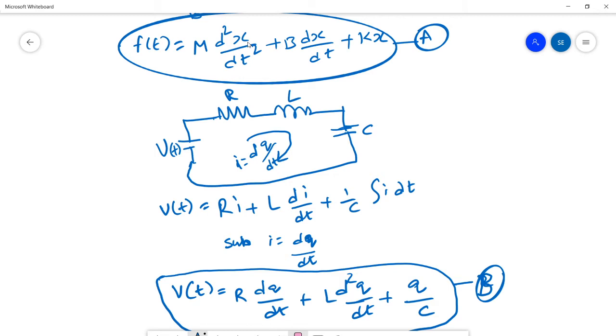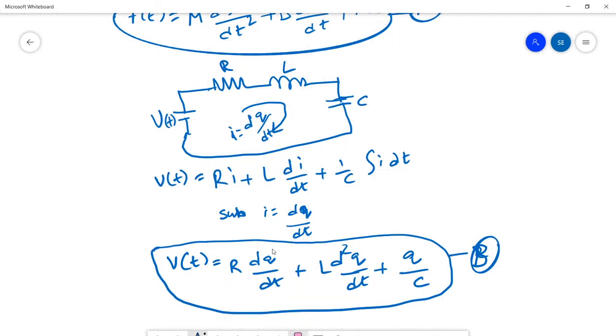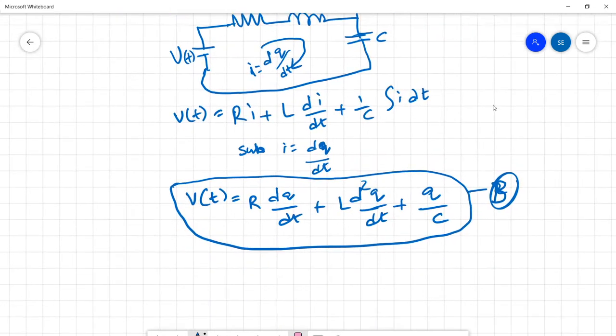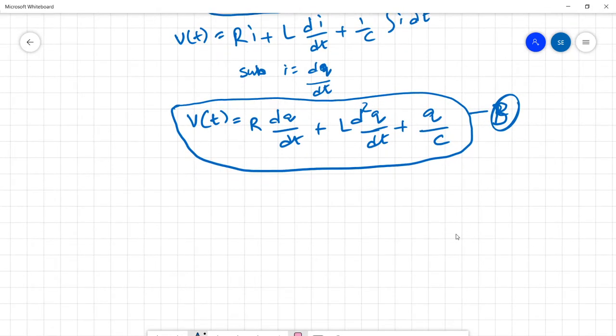When the force is applied on a body, what displacement is it gaining? Similarly, in an electrical circuit, displacement is charge. What charge do we attain when the voltage is applied? So just correlate both A and B, and write down the analogous terms.